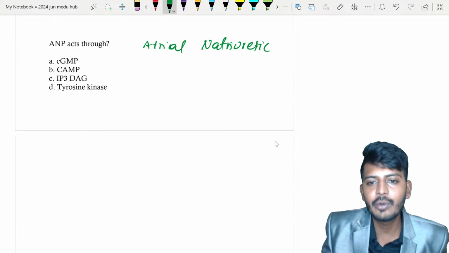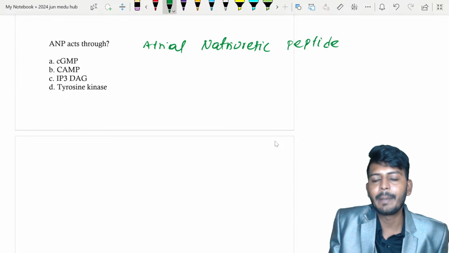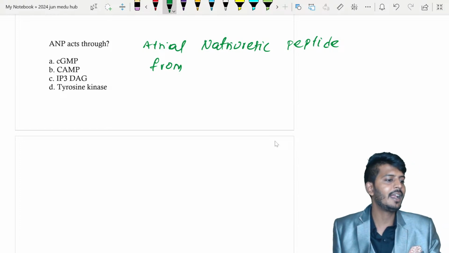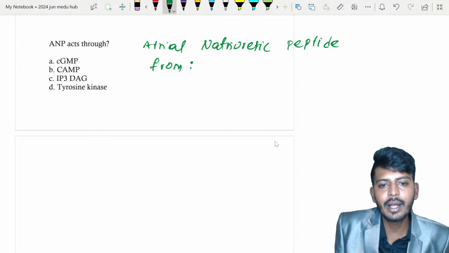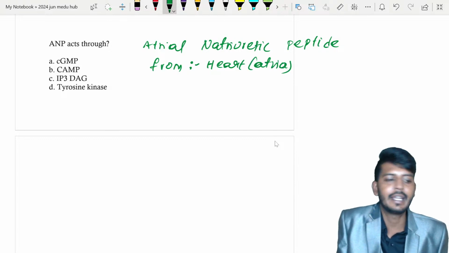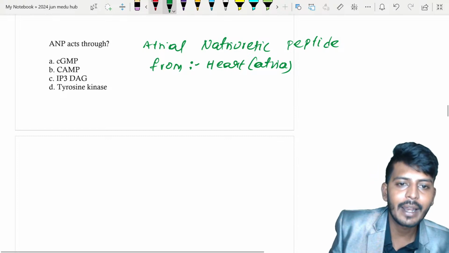So atrial natriuretic peptide, where is it produced? It is produced from your heart, specifically the atria.